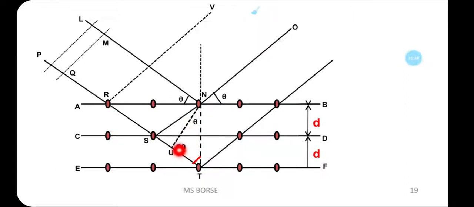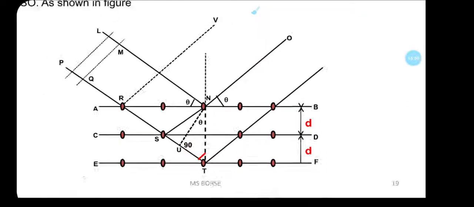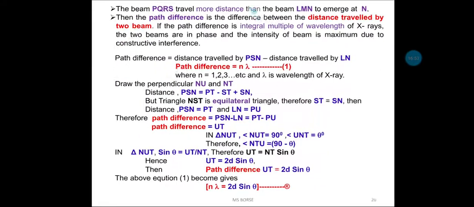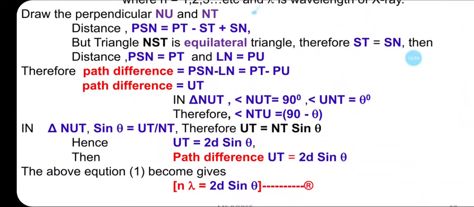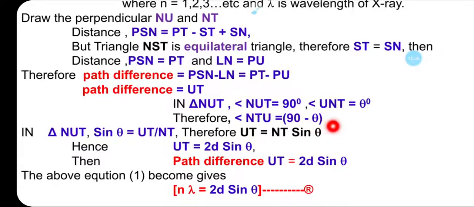So one angle is 90, one is theta, then we can easily find the third angle, NTU, which is equal to 90 minus theta.